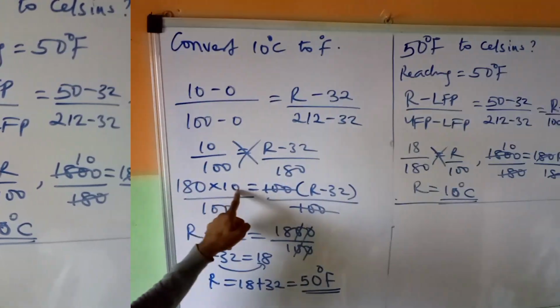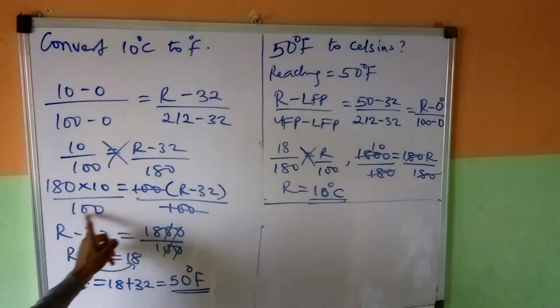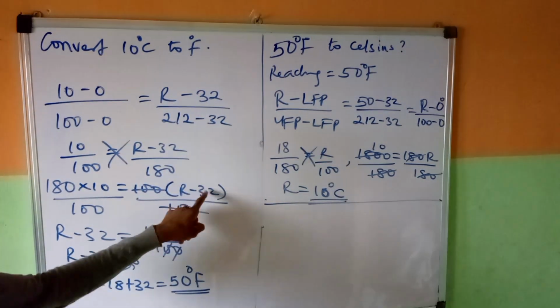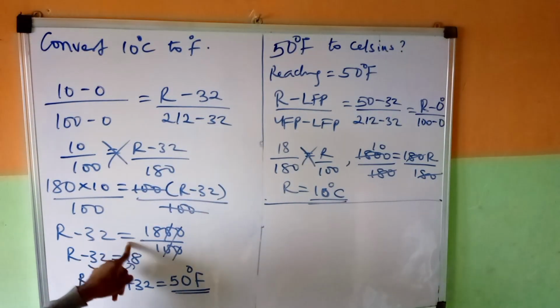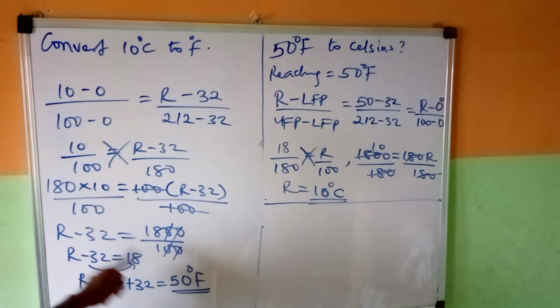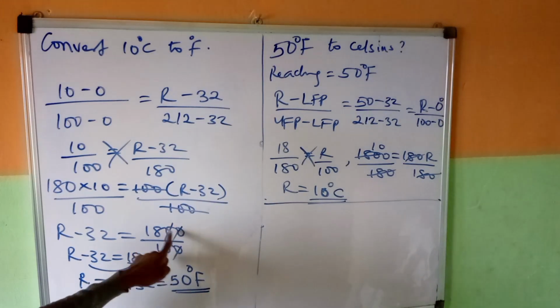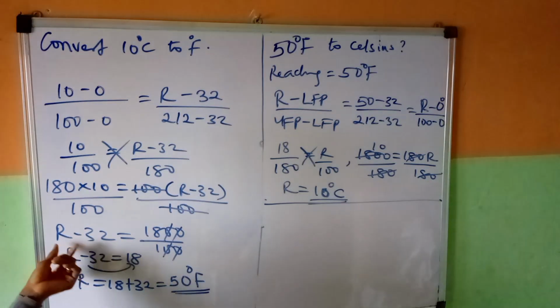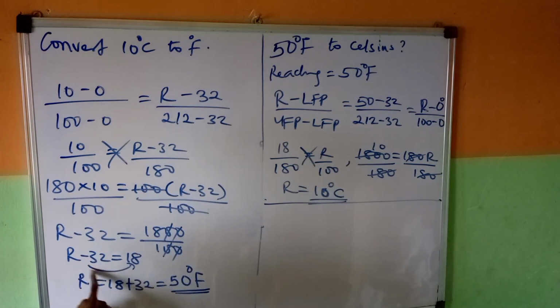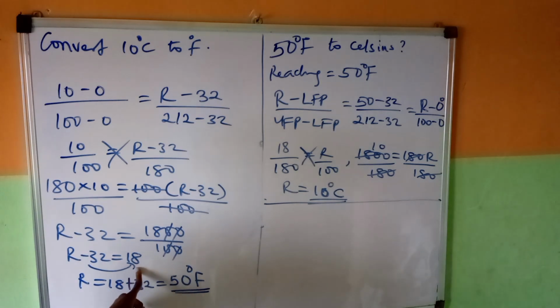We have 180 times 10 and then 100 times this. So 100 divides 100, you have R minus 32 left, and on this side you have 1800 divided by 100. Two zeros cancel two zeros, and what do you have left? R minus 32 equals 18. My minus 32 will cross the bridge and become positive.